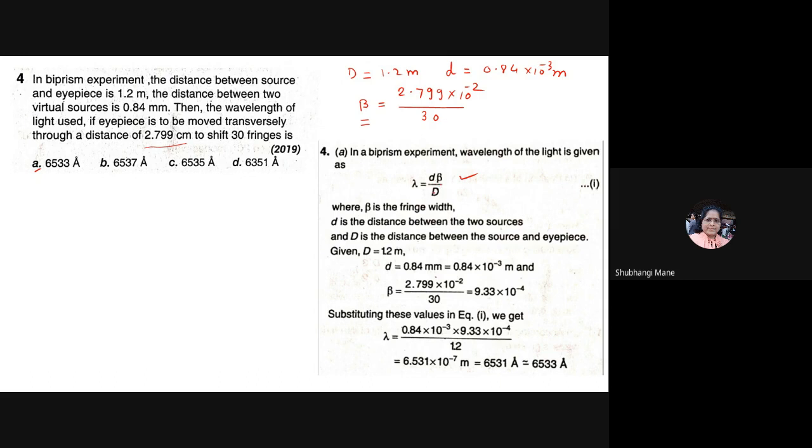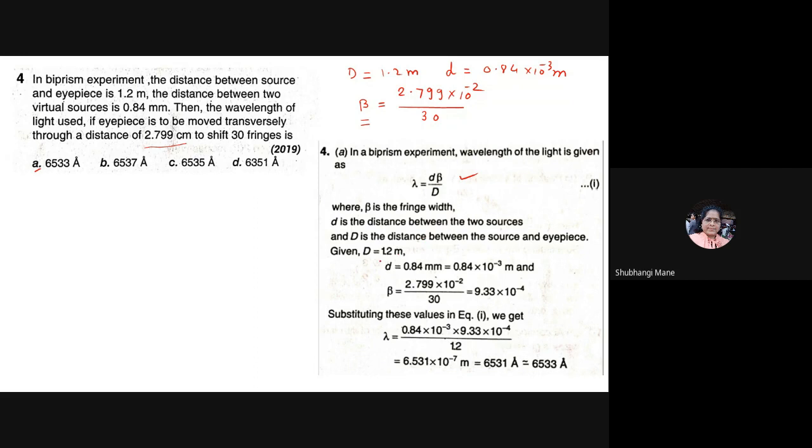What is capital D? The distance between the slits and the screen, that is, the distance between the source and the eyepiece. Beta is the fringe width, small d is the distance between two sources, and capital D is the distance between source and eyepiece.